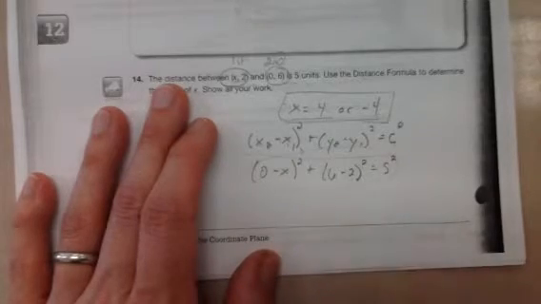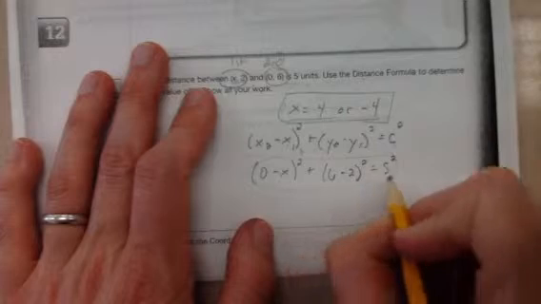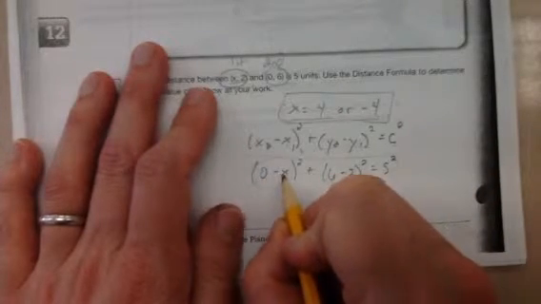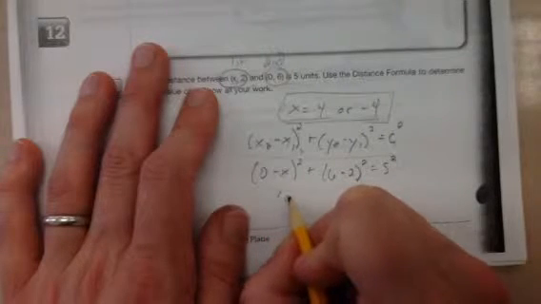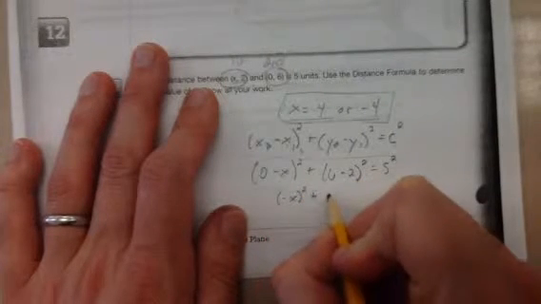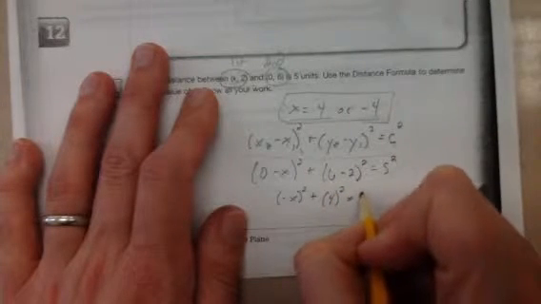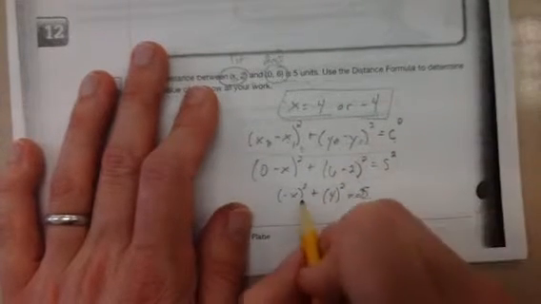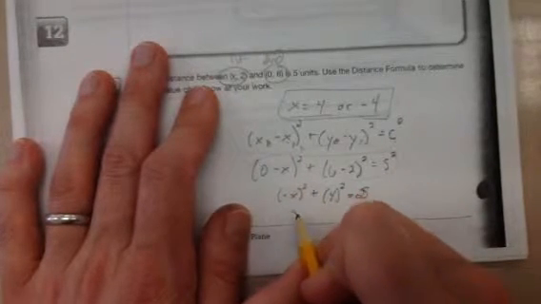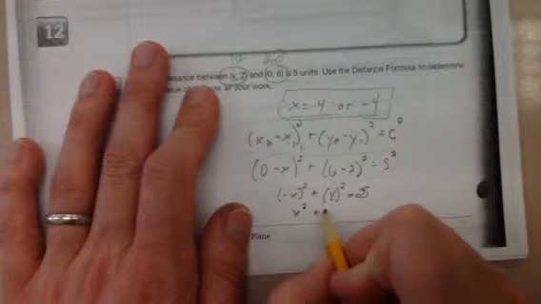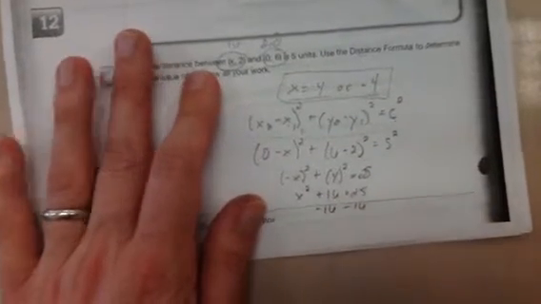So now I have an algebraic equation, right? So I can start simplifying. 0 minus anything is just itself, right? So what we really have in here is a negative x squared plus 4 squared equals 25, right? And then a negative times a negative is really a positive, so I can just turn this into x squared plus 16 equals 25. And then I subtract 16 from both sides.